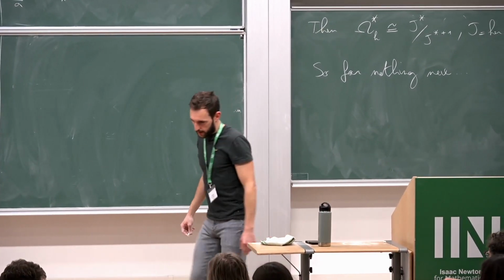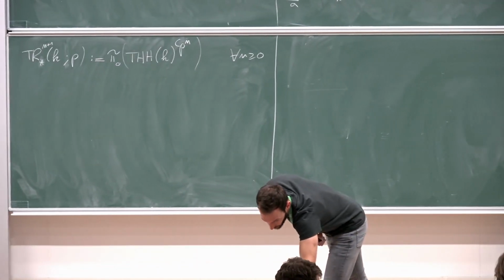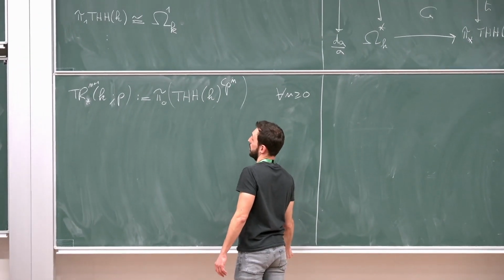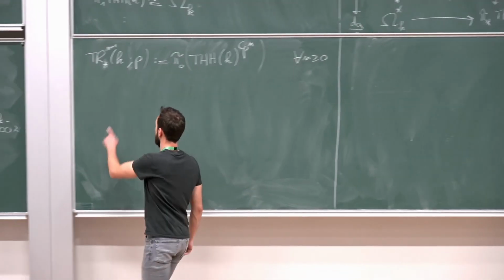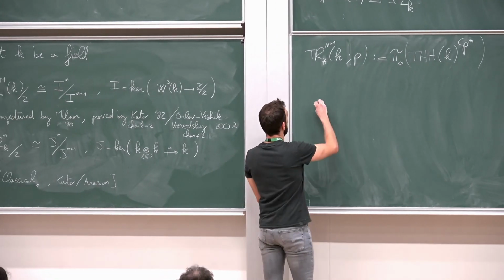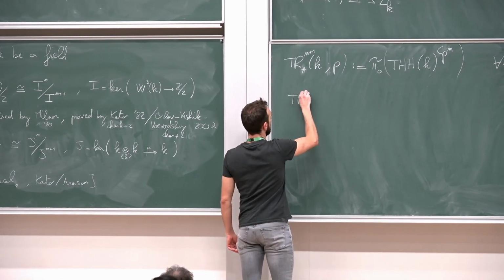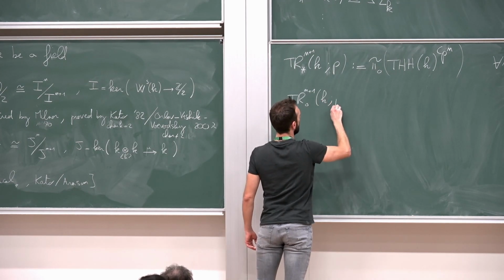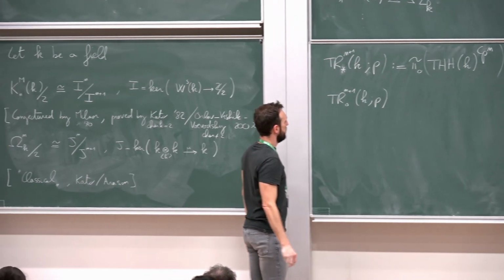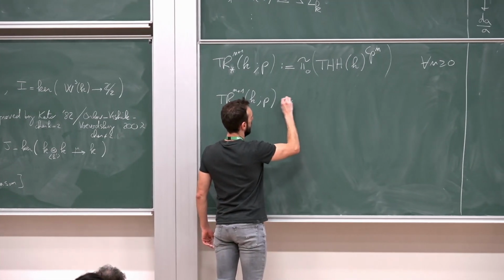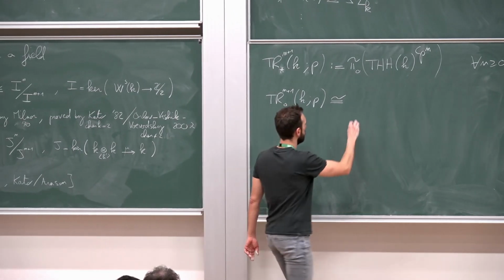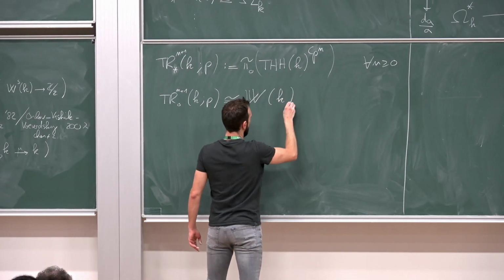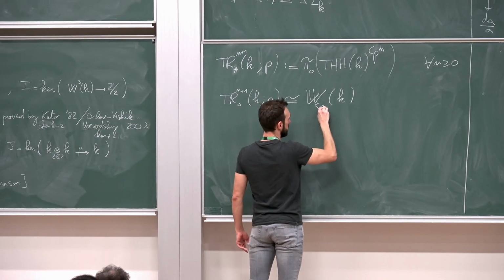And then we start computing in low degrees again. So here, degree 0. This turns out to be the ring of Witt vectors, truncated at the truncation set p^n.